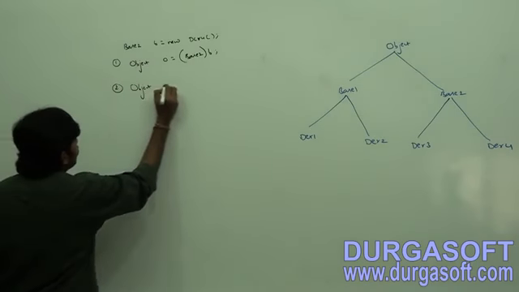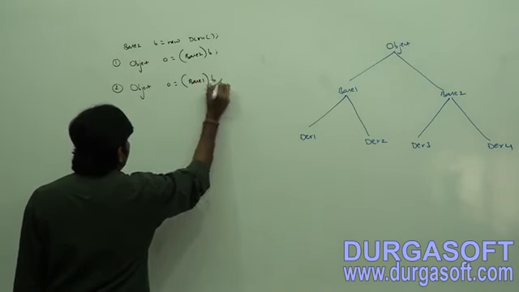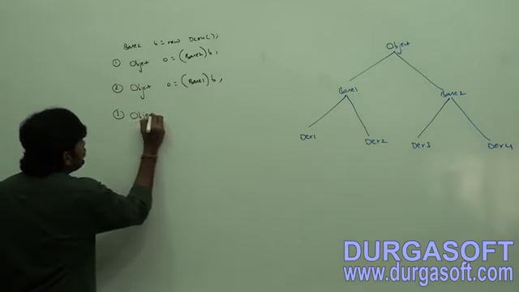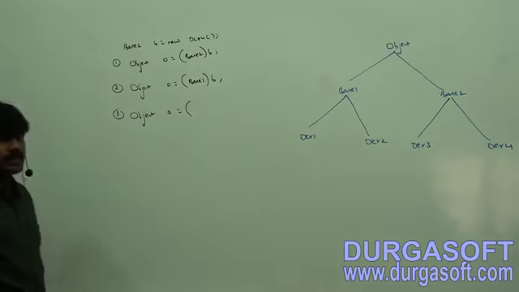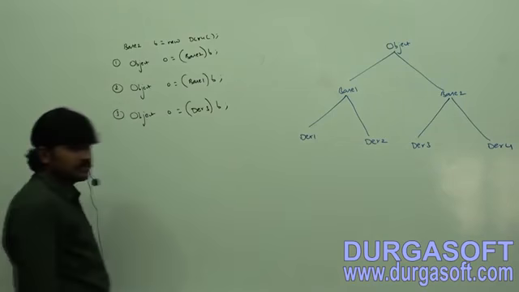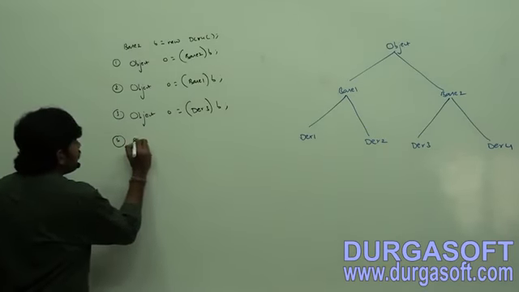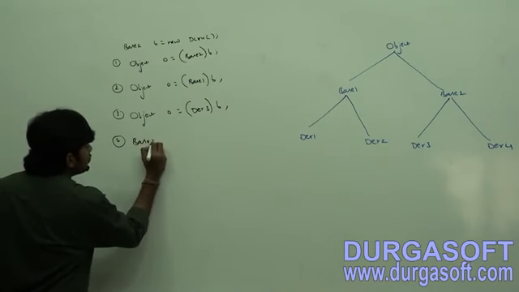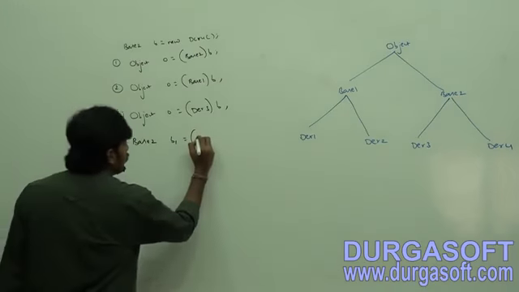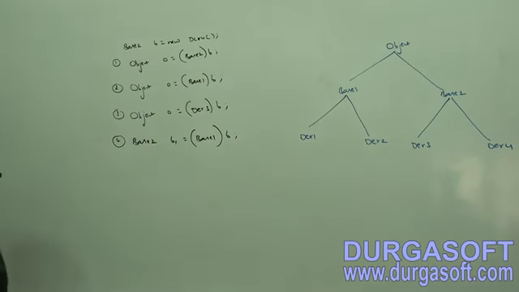Next, Object o = (Base1) b or not. Next, Object o = (Derived3) b or not. Next, Base2 b1 = (Base1) b or not.